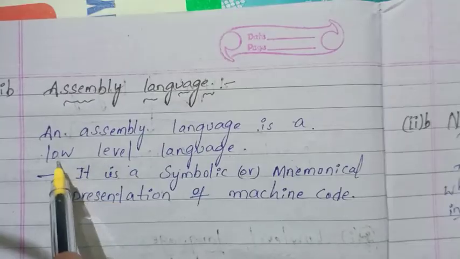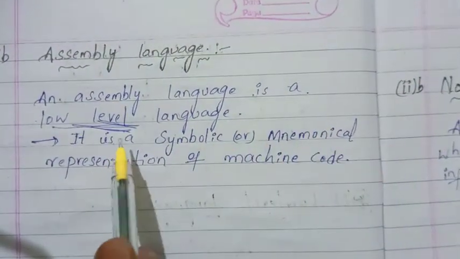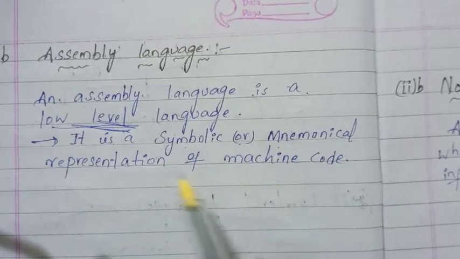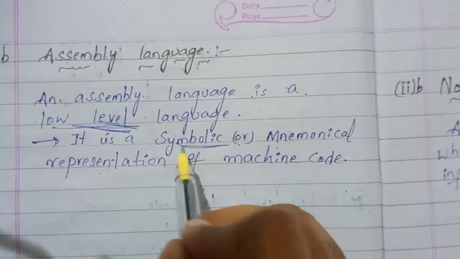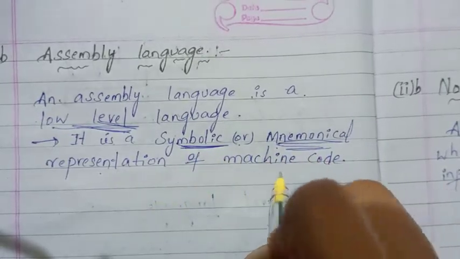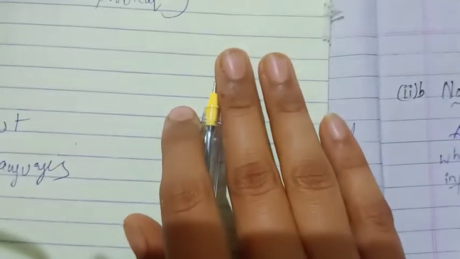Assembly language is a low level language, which we already know, just a point here. And it is a symbolic or mnemonic representation of machine code. So let us understand it with the help of an example.